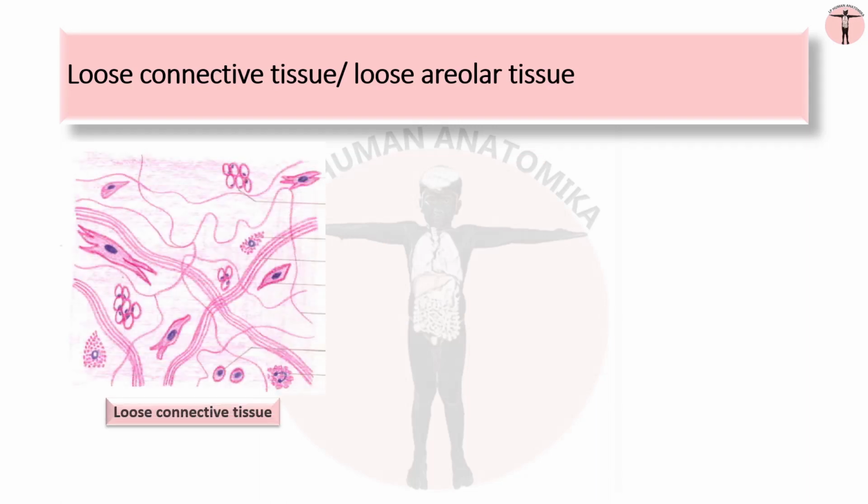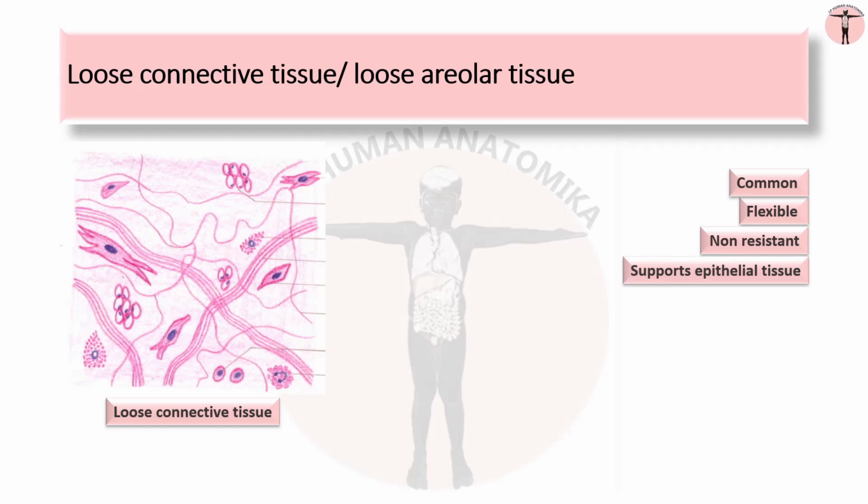This is a diagrammatic representation of loose areolar tissue. Loose connective tissue is very common, seen in almost all parts of the body, is flexible, not very resistant to stress, supports epithelial tissue, fills the spaces between muscle and nerve fibers. It appears in those areas where considerable amount of mobility is required.